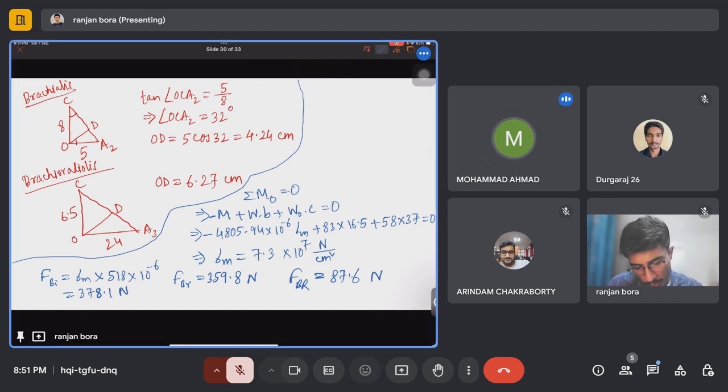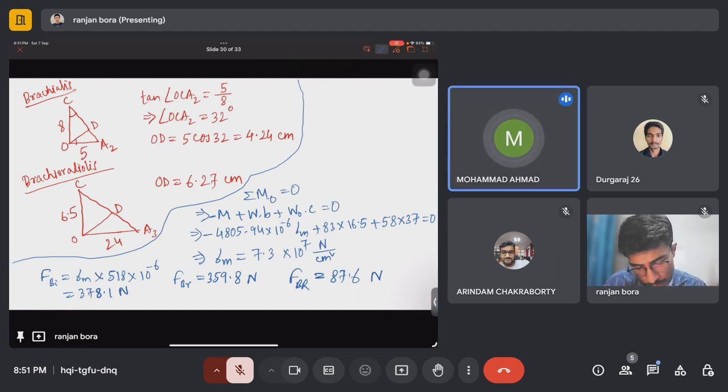So for FBI, the force that is produced by the biceps, on multiplying sigma m by 518 into 3, the moment, into area, we will convert it. So I have got it.